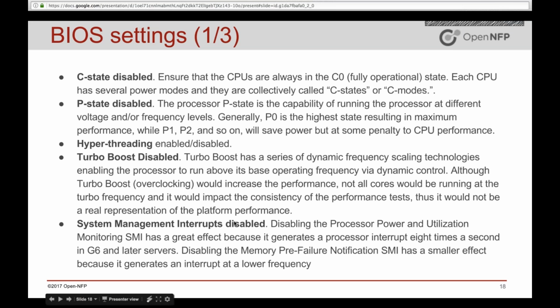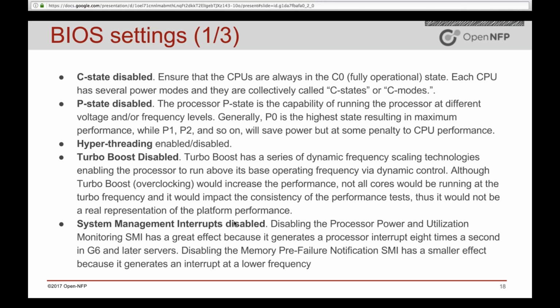Further, the other aspect that you will want to disable in the BIOS is any form of system monitoring. Server systems will typically monitor things like memory and other aspects of the system, and periodically interrupt the CPU and notify it of the state.